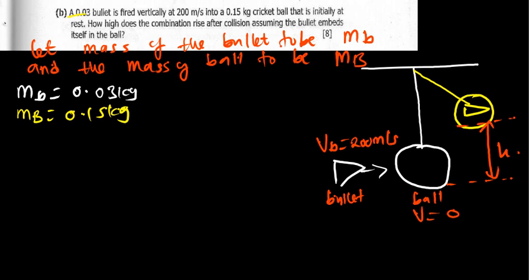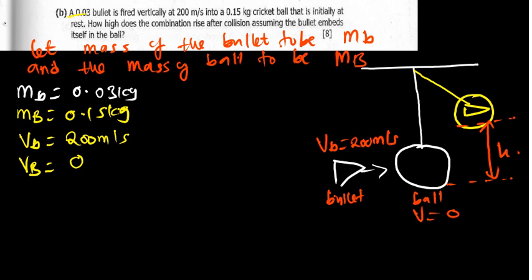What else do we have? We have the velocity of the bullet, which is initially 200 meters per second, and the velocity of the ball, which is initially 0. Now after collision, what happens? We can clearly see that this is an inelastic collision, where after the collision the bullet and the ball are moving with the same velocity. So what is the formula for inelastic collision?